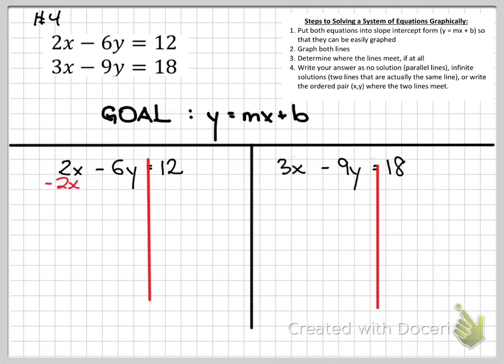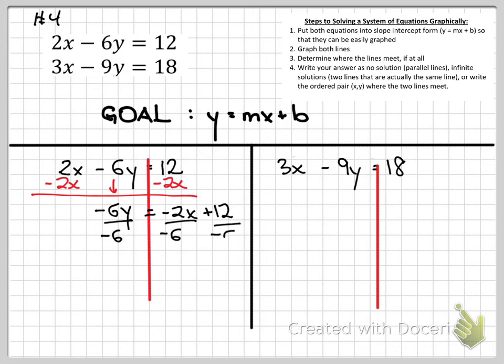So I'm going to subtract 2x from both sides. I'm going to bring down my negative 6y, and then that's equal to negative 2x plus 12. I'm going to divide everything by negative 6, so that gives me y equals positive 1/3 x minus 2.